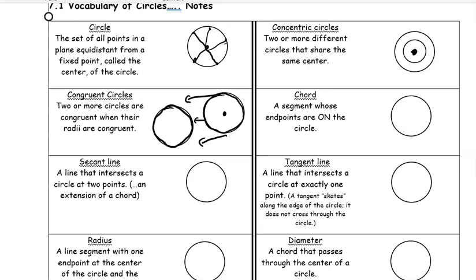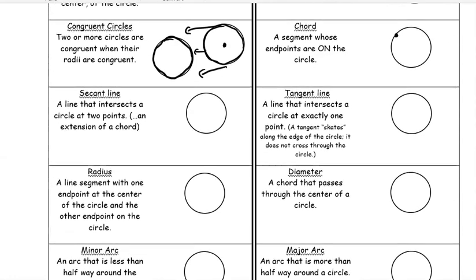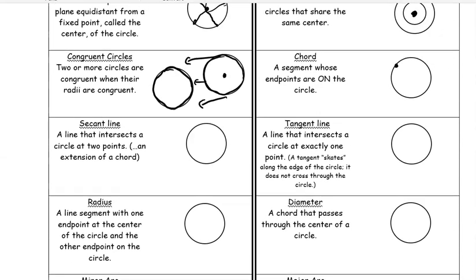A chord, probably a different word now. This is the first one where you definitely want to write this down, make a note, make sure we know what this is: a segment whose endpoints are on the circle. So one way to draw a chord, put a point on the circle here, put a point anywhere else on the circle. So we could all put a point somewhere on our circle. I'm going to put mine down here. And when I connect those, notice how when I draw this line segment in, that is a segment whose endpoints, so this point and this point, are on the circle.